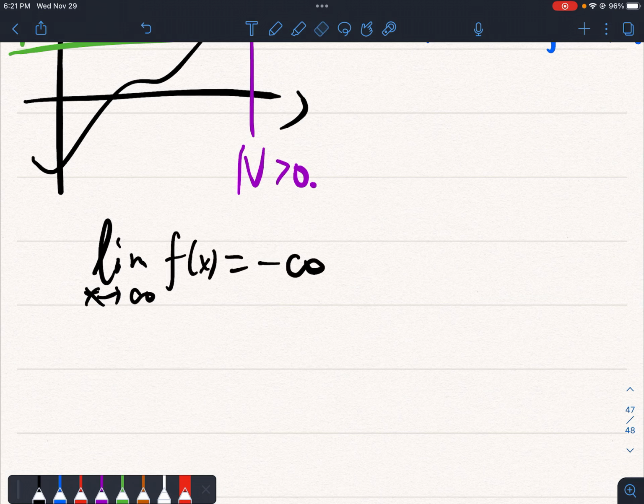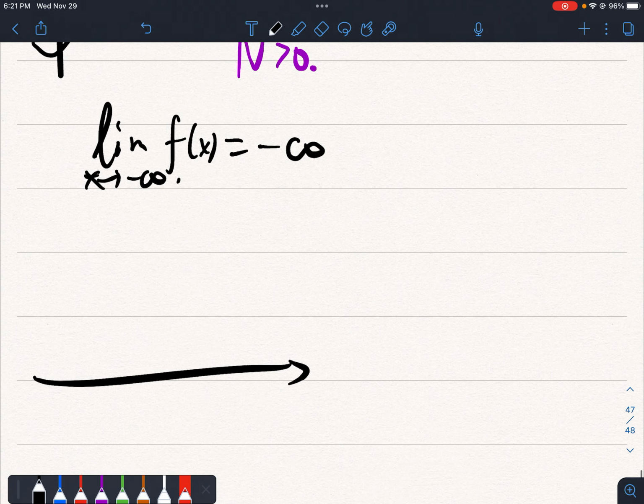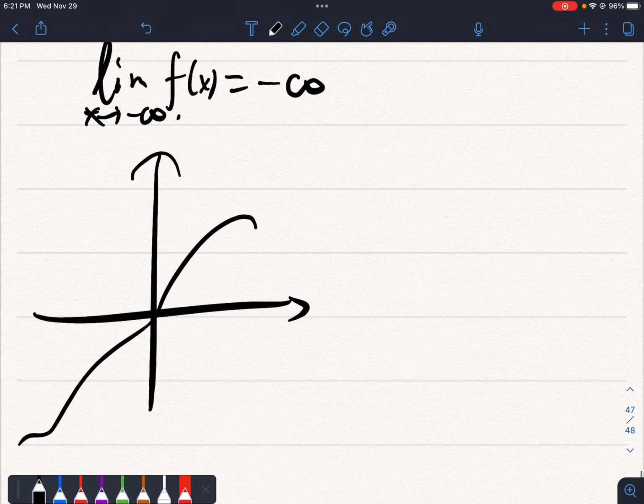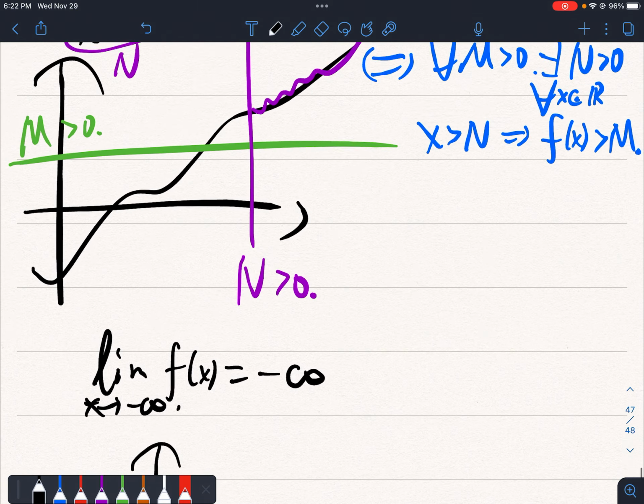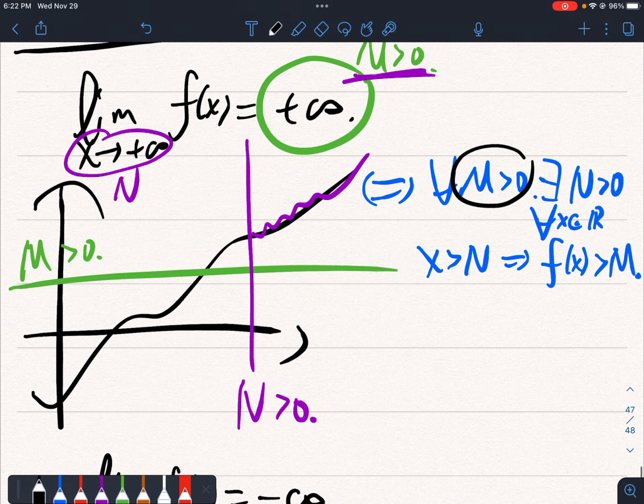And also you can define, for example, when x approaches infinity, the limit is negative infinity. But I will show you the example when both are negative infinity. And you can figure out all the other two cases. So this will be true if for all m bigger than 0, if you look at negative m, then you can find some n bigger than 0, such that for all x less than negative n, all the values are less than negative m, right?